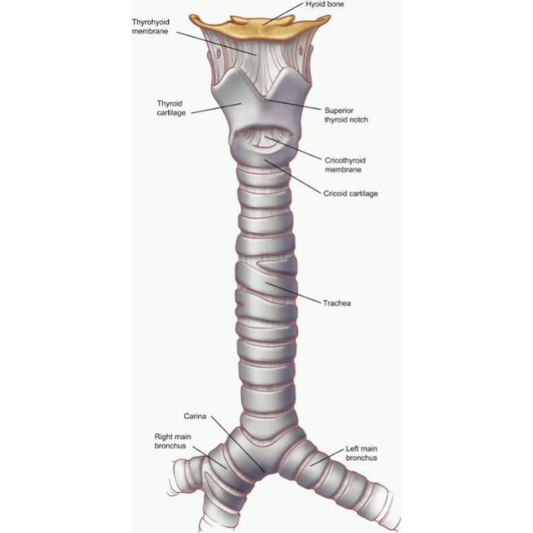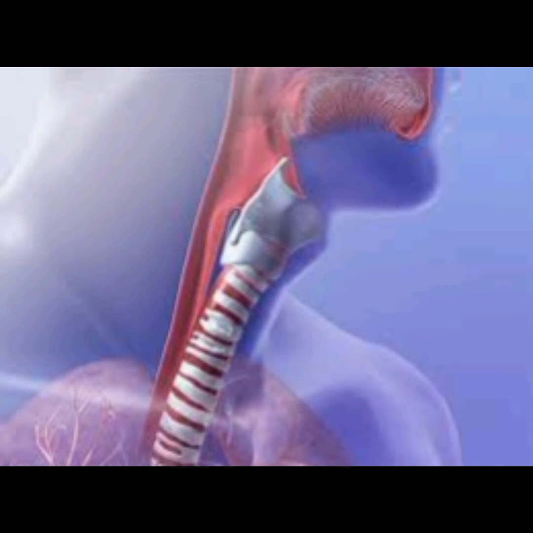This makes the passage watery mucus, and it is having about 12 C-shaped hyaline cartilages, and these hyaline cartilages are present between the submucosa and the adventitia. This helps in patent lumen of the trachea.